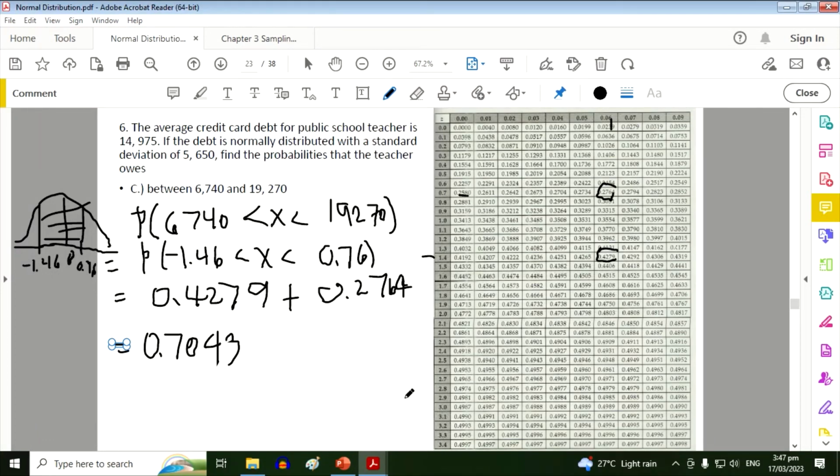So the probability that a teacher owes between 6,740 and 19,270 is 0.7043.